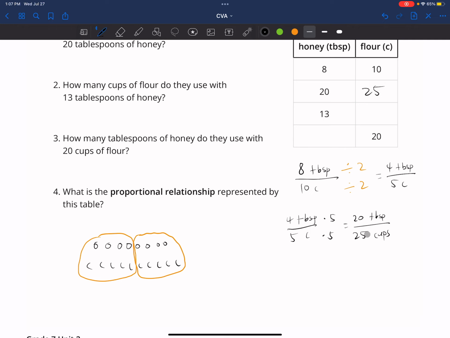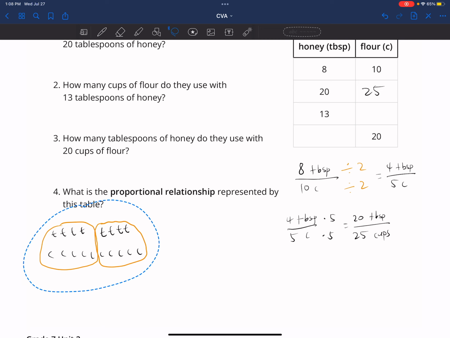So I'll show you the visual just one last time. So 20 teaspoons, right? This circle thing represents teaspoons. Actually, instead of circles, I'll make a T to make it easier. So T, 1 2 3 4, 1 2 3 4. So that's 8 teaspoons, and then we need a couple more.